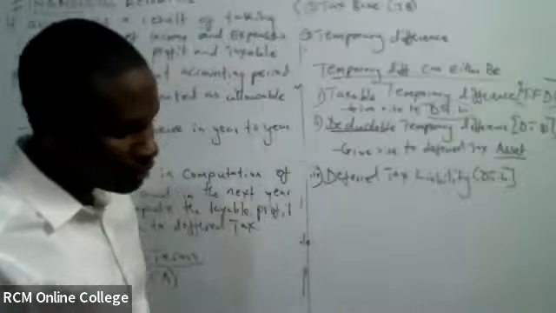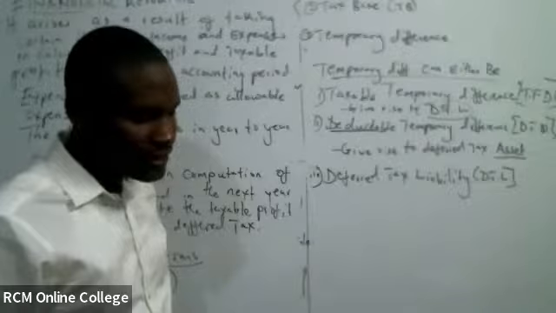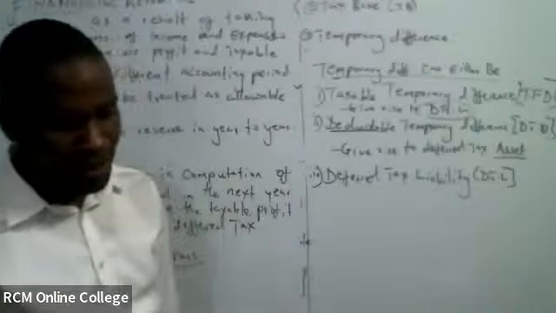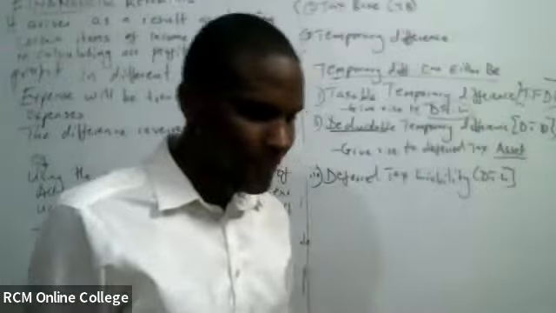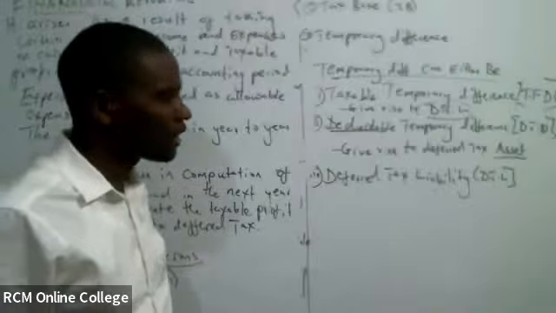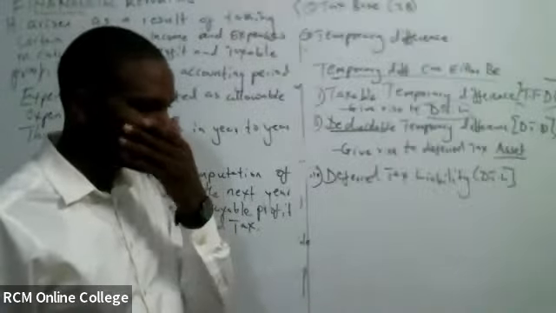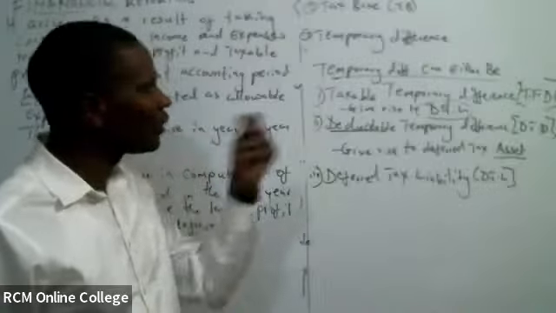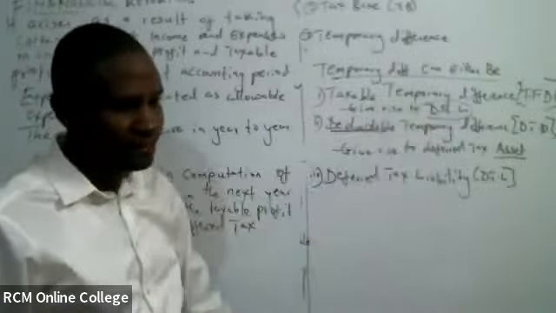It is the amount of tax payable in the future due to taxable temporary difference.